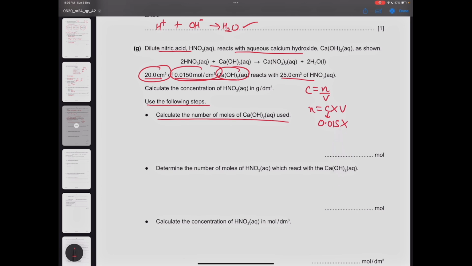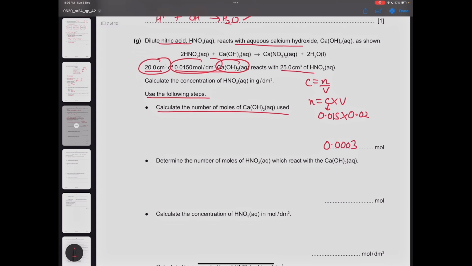Volume is how much? 20 over 1000, which is 0.02. You multiply them, 0.015 times 0.02. Bad with maths. So the answer is coming out to be 0.0003, or you can write it in standard form, your choice.